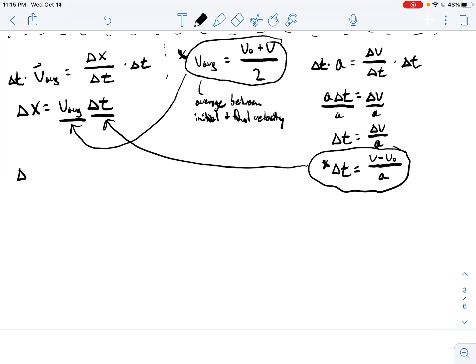So what this looks like is we can rewrite our change in position as delta x equal to v initial plus v over 2, multiplied with what we have for our change in time, which we're now going to replace by v minus v initial over a.